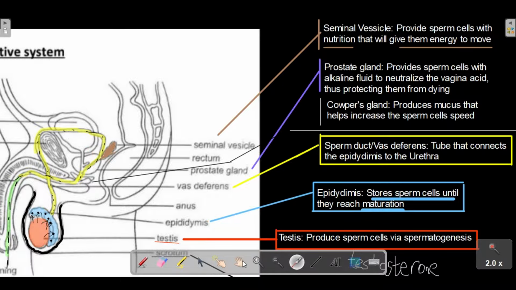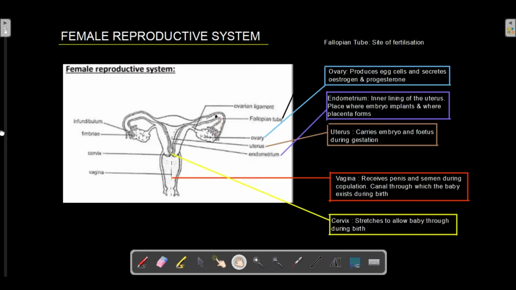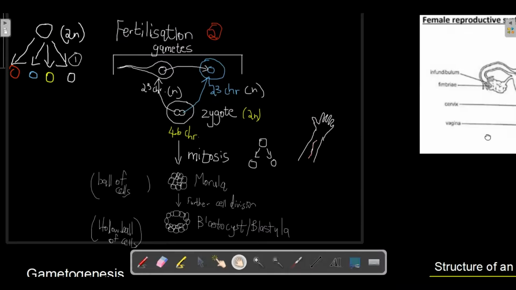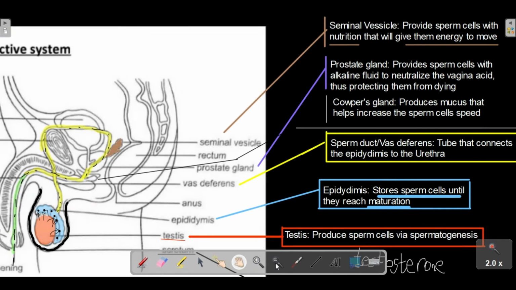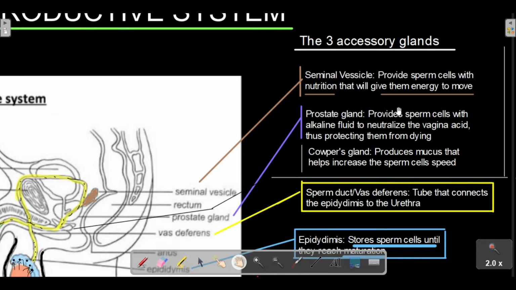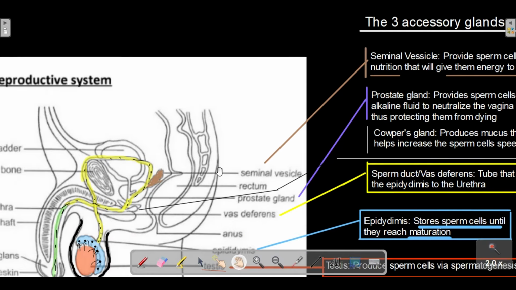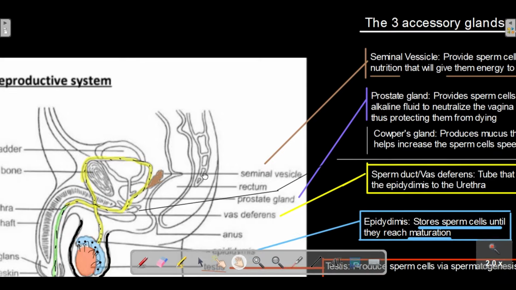Remember, the sperm cells have a long journey ahead. They will go through the vagina, through the cervix, via the uterus, to finally the fallopian tube. So that's a long way, and so they have to have huge amounts of energy. So that is the first accessory gland, guys, the seminal vesicle, and be able to identify it, please.